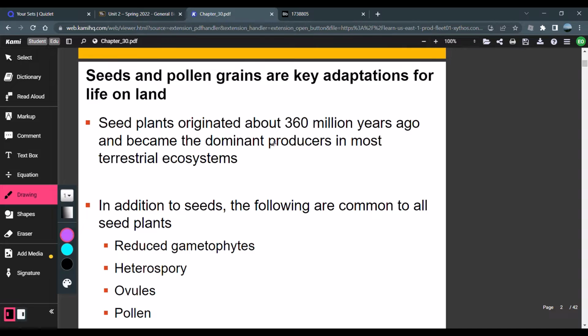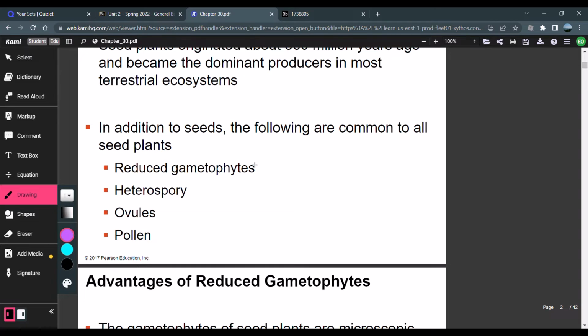So, seed plants originated about 360 million years ago and became the dominant producers in most terrestrial ecosystems. In addition to seeds, the following are all common to seed plants. They have reduced gametophytes, meaning microscopic gametophytes.